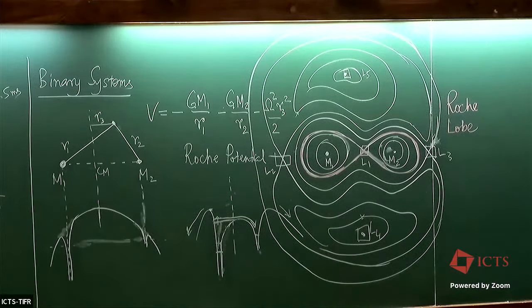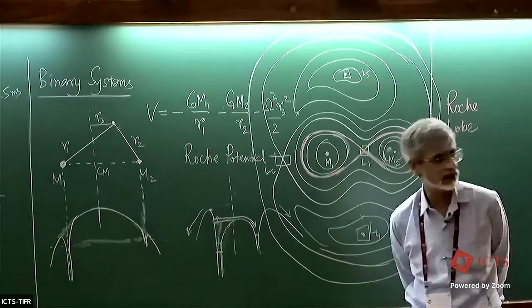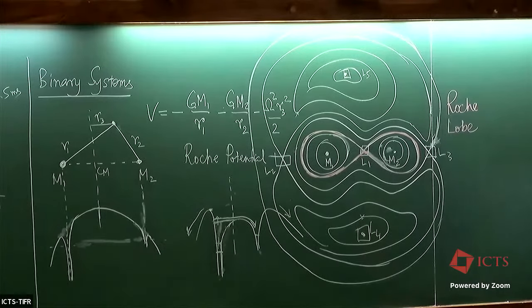So what is the consequence of this kind of evolution? As we said, if you start with a binary system of this kind, where you have a mass ratio a little far from 1, you have a more massive star, let's say a 20 solar mass star, and you have a less massive star, let's say 6 solar mass star or 8 solar mass star.